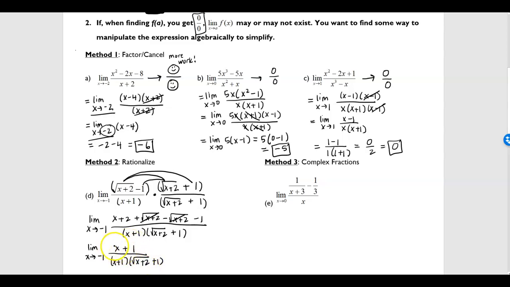And so I can then cancel those factors. So just like before, we had to rewrite it first before we could factor and cancel, but then we cancel. And now we're going to try to evaluate this again at negative 1. And so I have 1 over square root of negative 1 plus 2, which is 1, plus 1, which gives me 1/2.